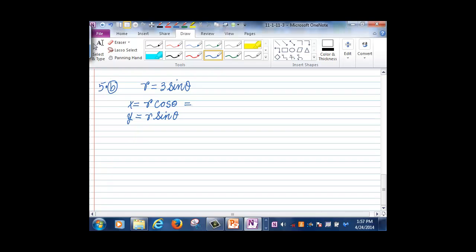And because r is given to be 3 sine theta, x is 3 sine theta cosine theta, and y is 3 sine theta sine theta.